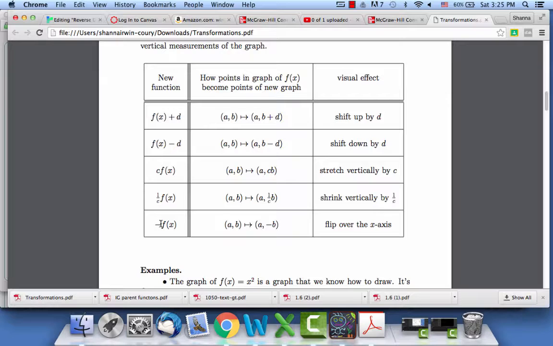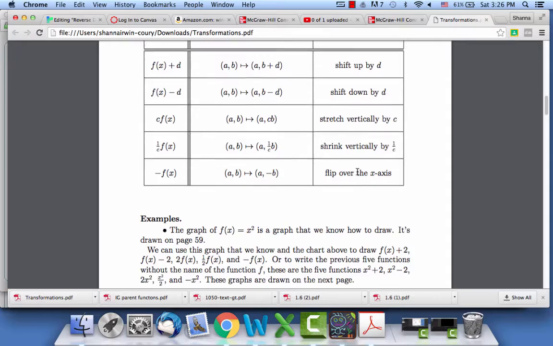Negative on the outside. So what happens when you have these numbers on the outside is they make a vertical change and they go kind of the direction you would want them to. If I say add d, it's a vertical change. You want it to go up by d. If I say subtract d from the function, you want it to go down d, and it does.